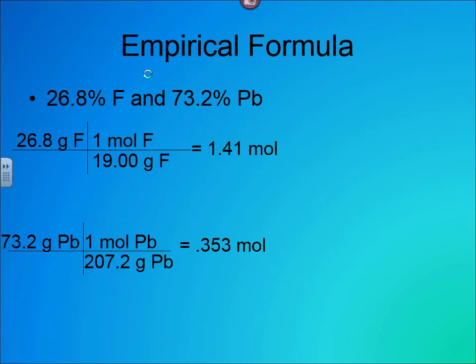Now we're ready for step 3. Step 3 says divide all of your mole numbers by the lowest of the numbers. So which one is lower? 0.353. So that means we're dividing both of these things by 0.353.